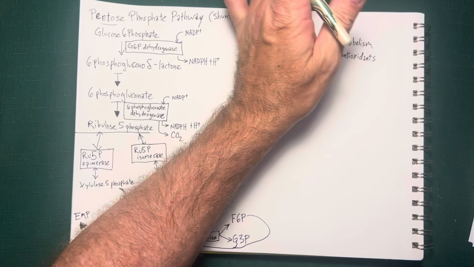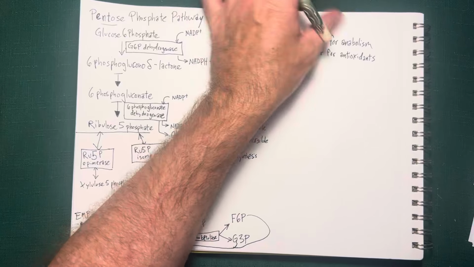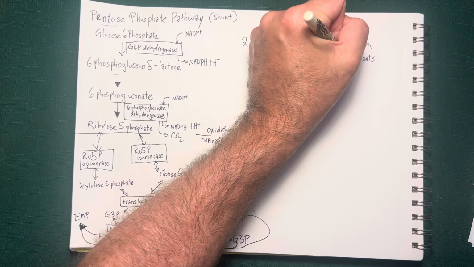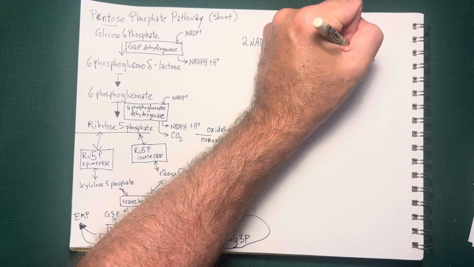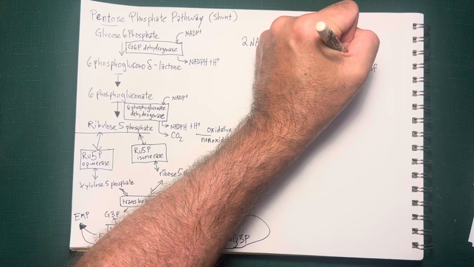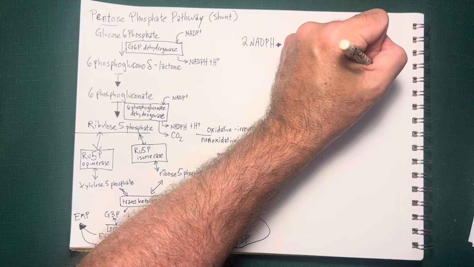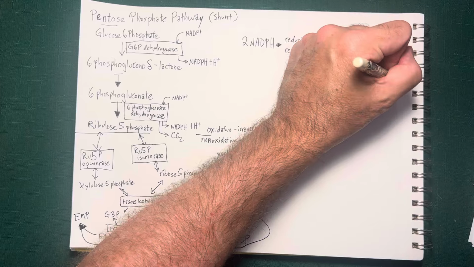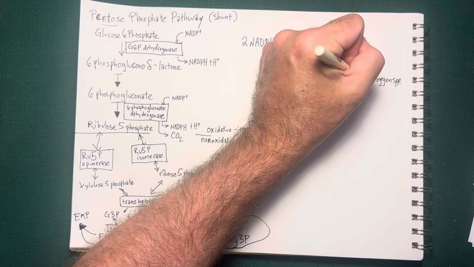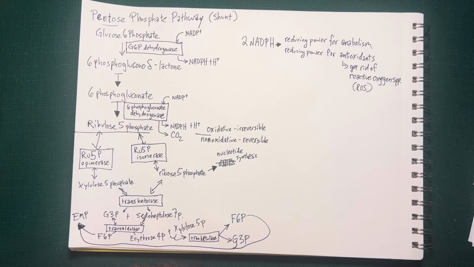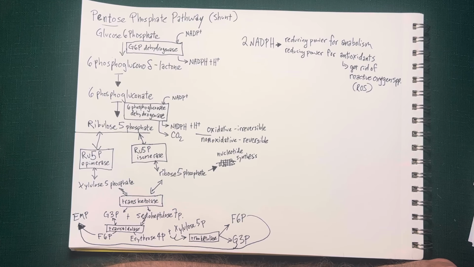Which means we can use those electrons to help get rid of reactive oxygen species, ROSs, like hydrogen peroxide, superoxide.